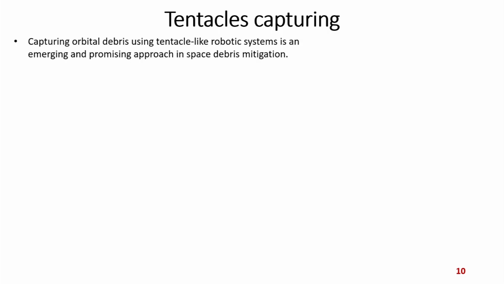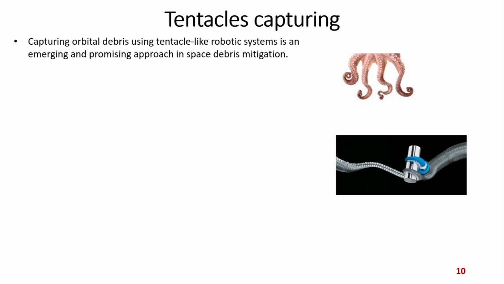So, we will see further this tentacle capturing. Capturing orbital debris using tentacle-like robotic arms is a very emerging and promising approach in space debris mitigation. You can see something like an octopus, which is the natural way.